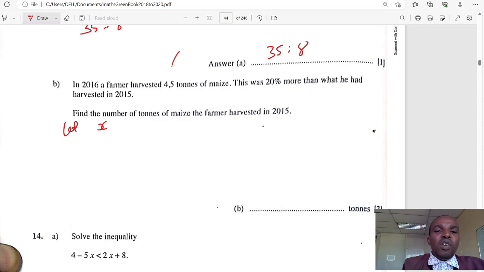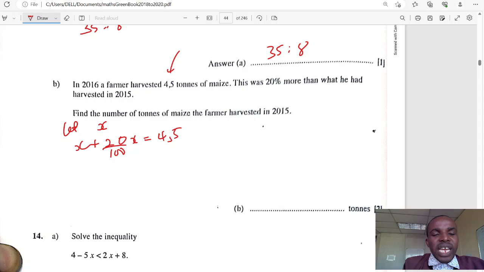So this 4.5 was an increase of 20% from the 2015 value. So you can say x plus 20% of x is equal to 4.5 tons. So the original plus its percentage gave us 4.5 tons.